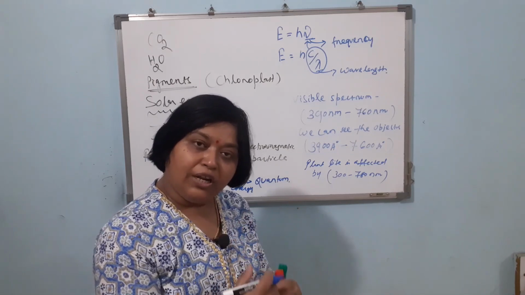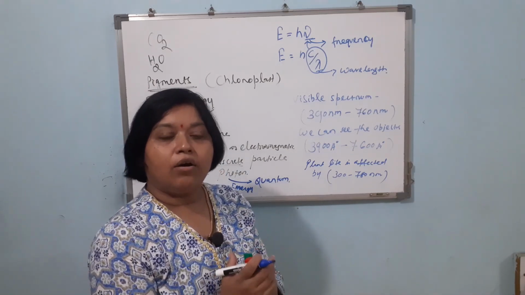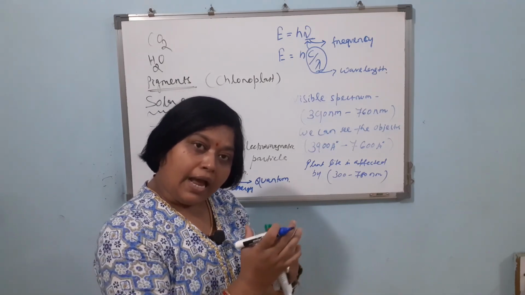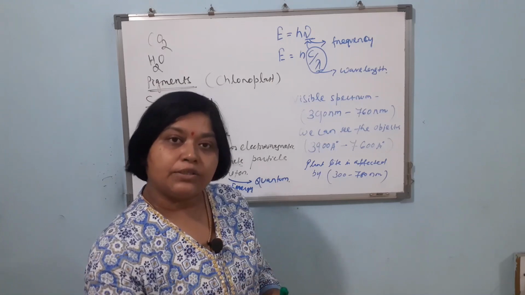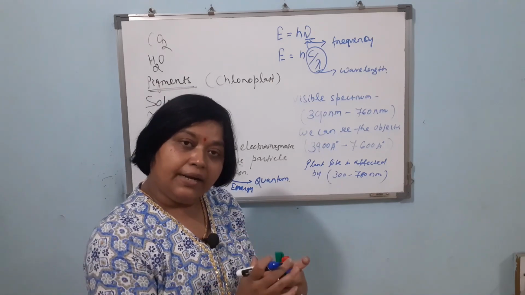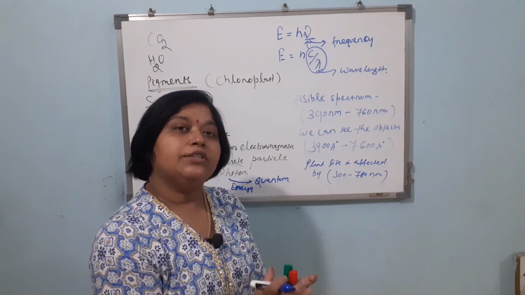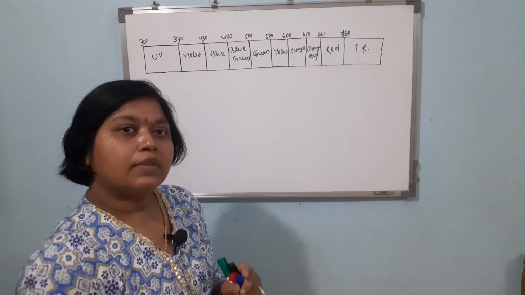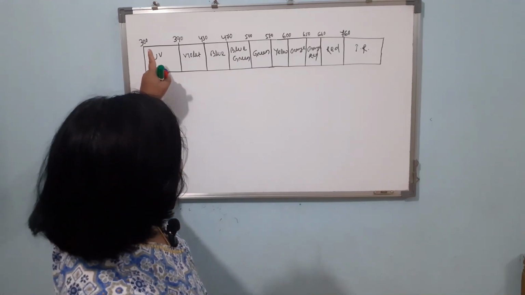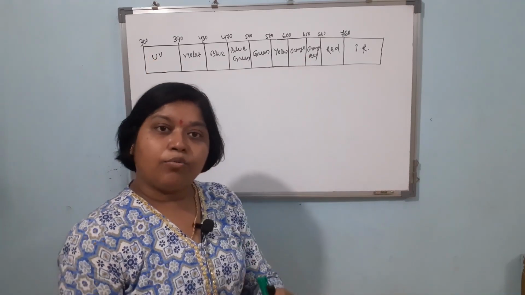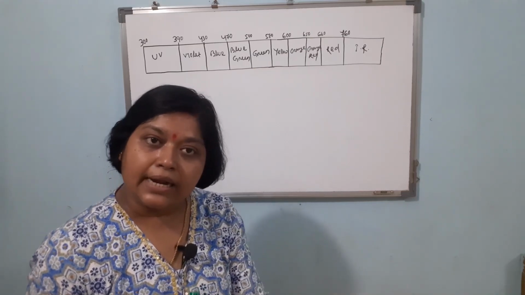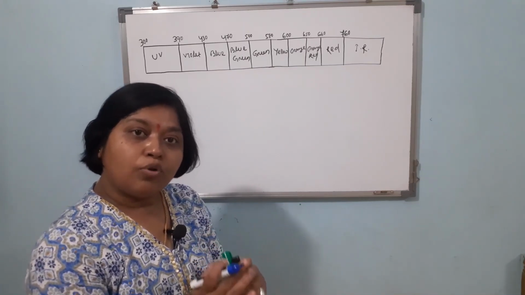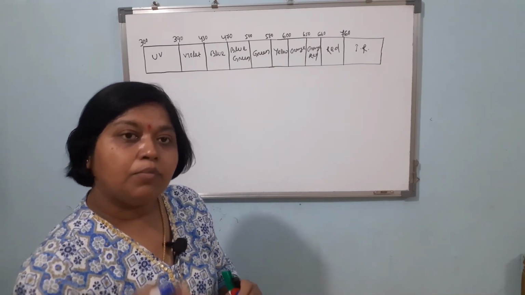When sunlight falls on earth, some part of the light is reflected, some is absorbed, some is transmitted. From that, the plant utilizes some solar energy for photosynthesis. It means 300 nanometer to 780 nanometer wavelength of light affects the plant's life. Within this range, the plant absorbs solar energy and it helps in photosynthesis.